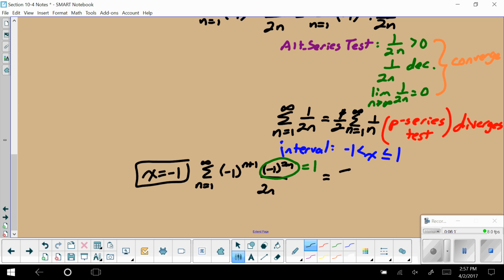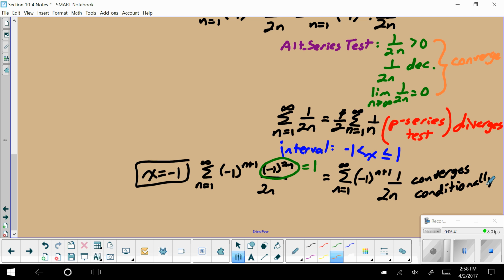I now have the series from 1 to infinity of (-1)^(n+1) times 1 over 2n, which is the exact same series I already checked for x equals +1. So I know this converges conditionally. If you're curious about that, just look at my work above for when x equals +1.